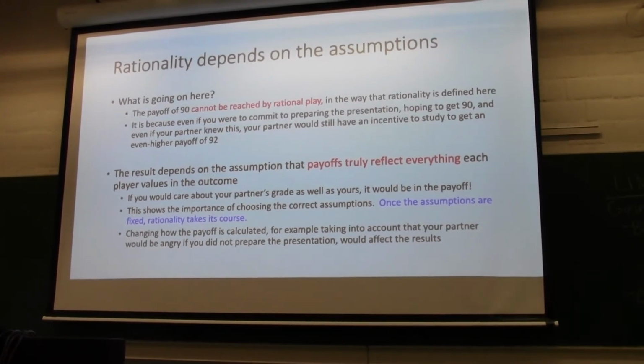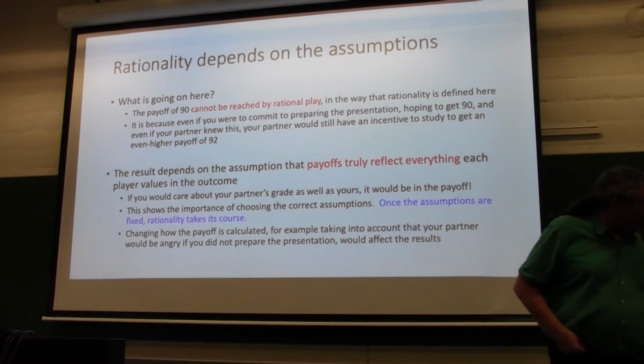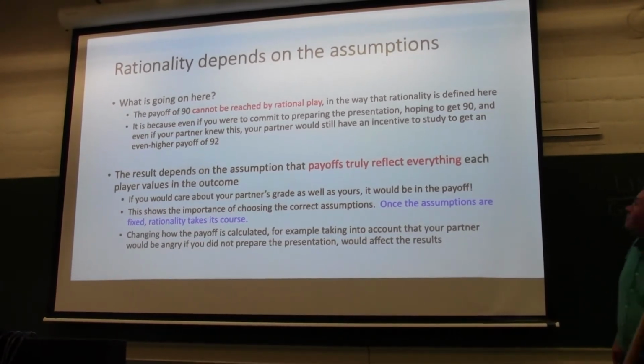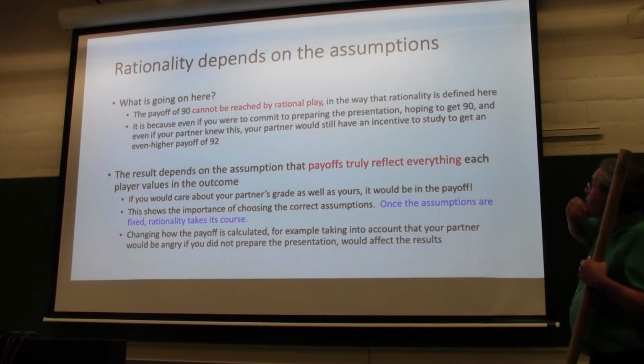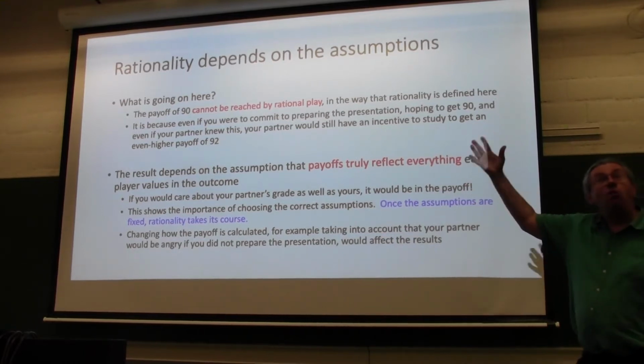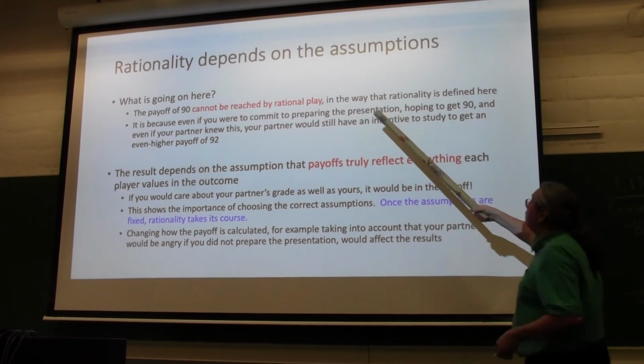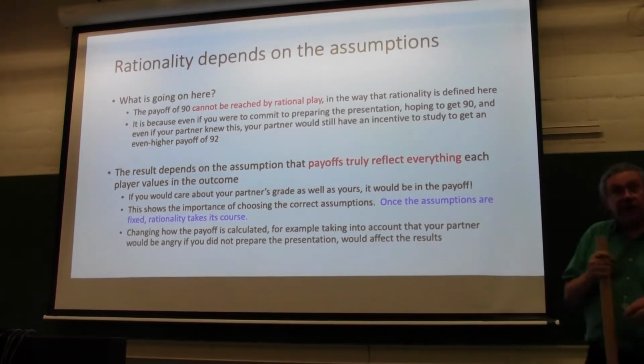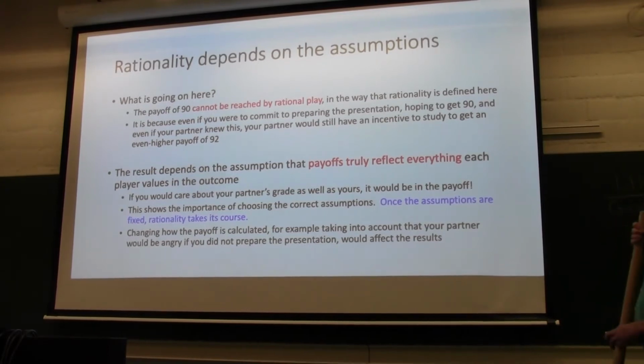Okay, so let's talk a little bit about rationality before I start jumping into many games. The 90-90, which is the overall best, you cannot get it by being selfishly rational, because someone could always cheat.